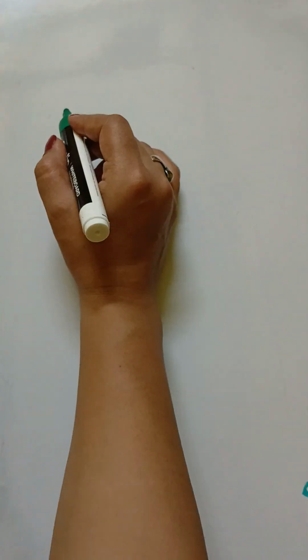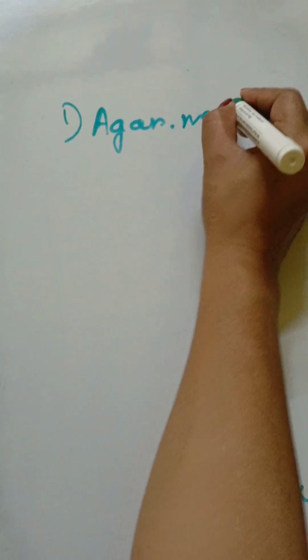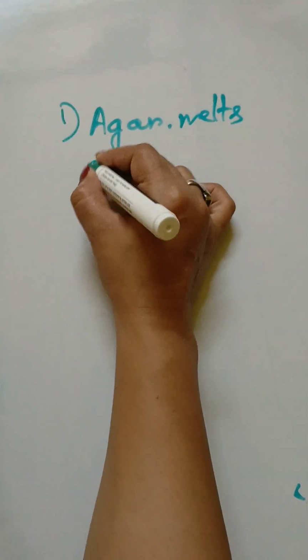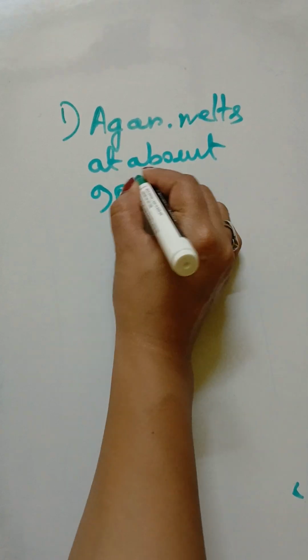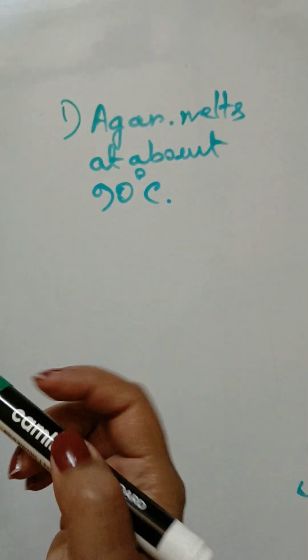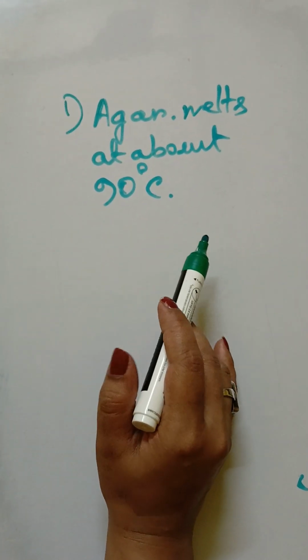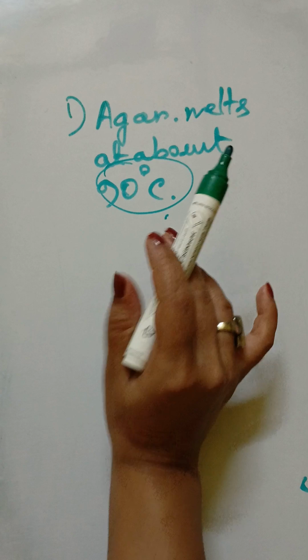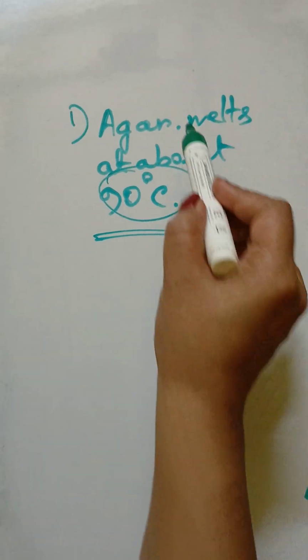Number 1, the agar basically melts at about 90 degrees centigrade. At 70, 80 or 60 degrees centigrade, the agar is not easily melted. That is the melting point. It melts at about 85 to 90 degrees centigrade, basically 90 degrees centigrade.